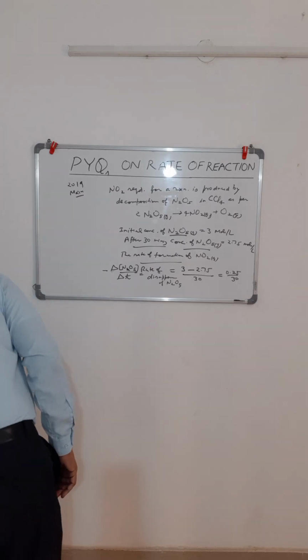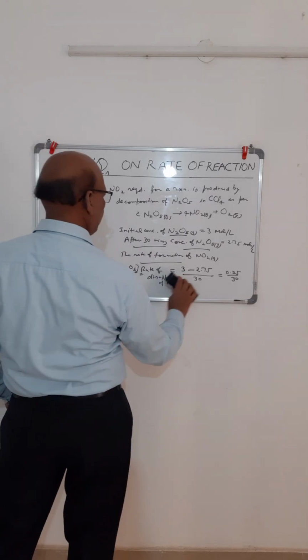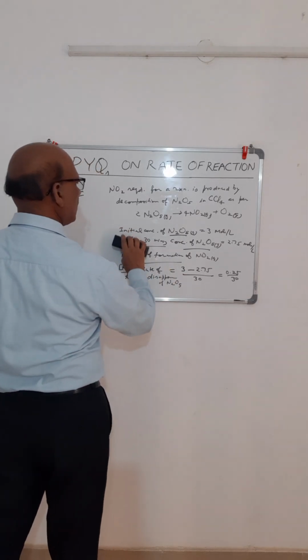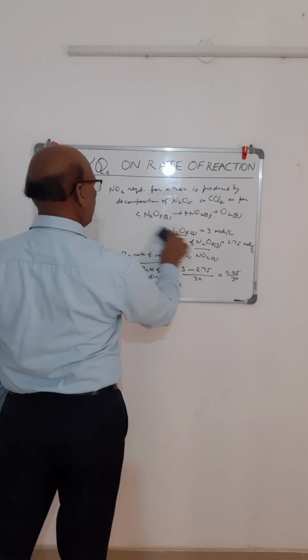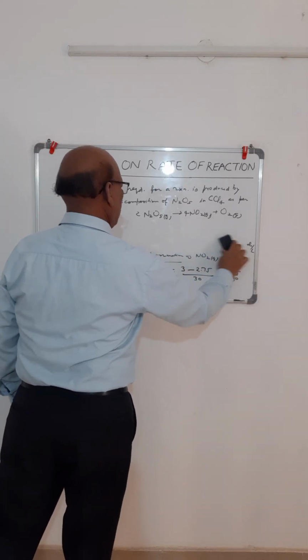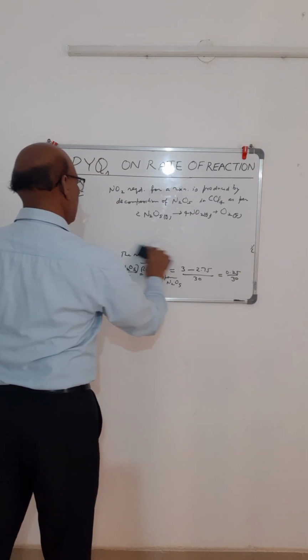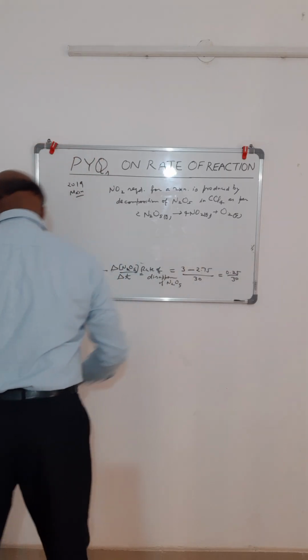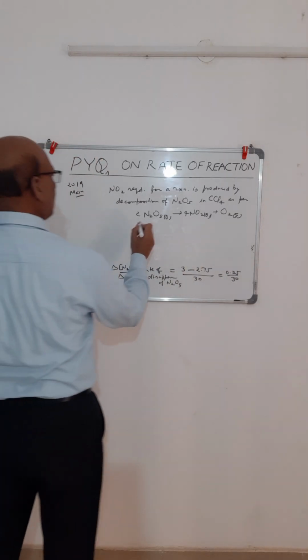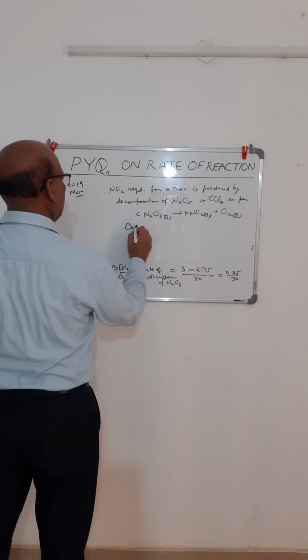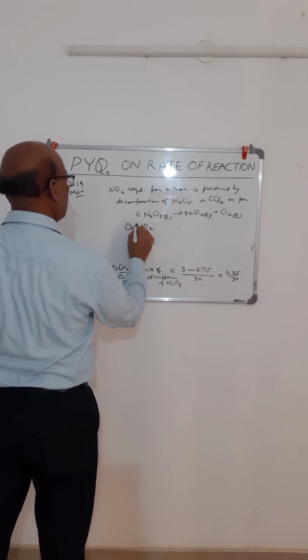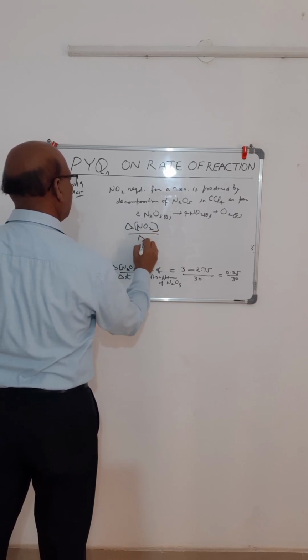And what we have to find out is the rate of formation of NO2 gas, that is delta[NO2] upon delta t.